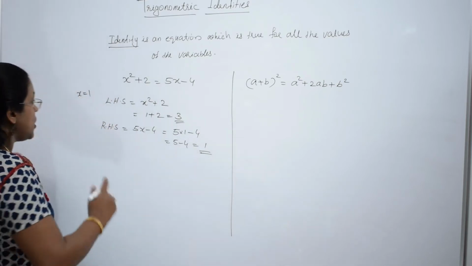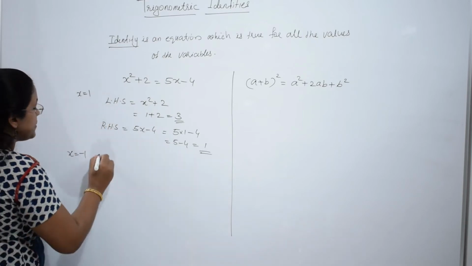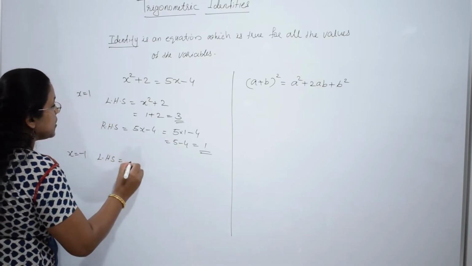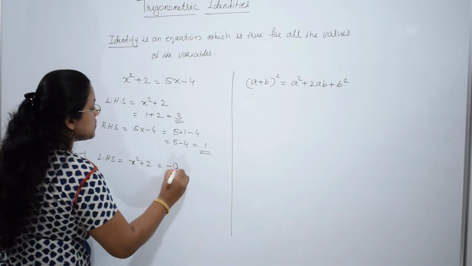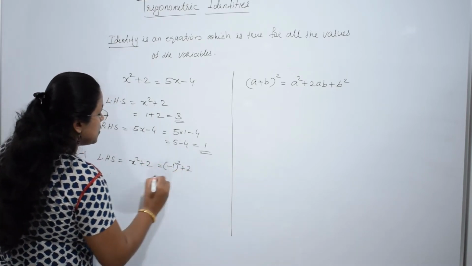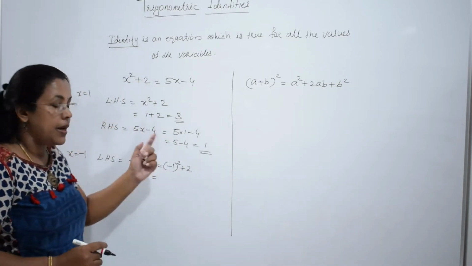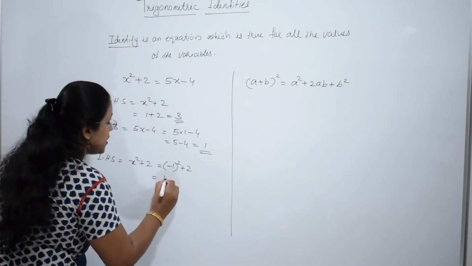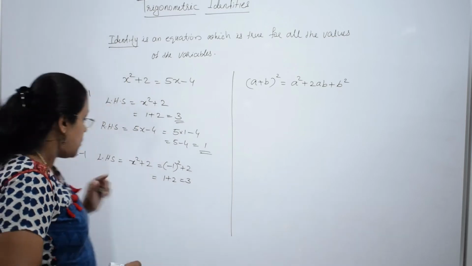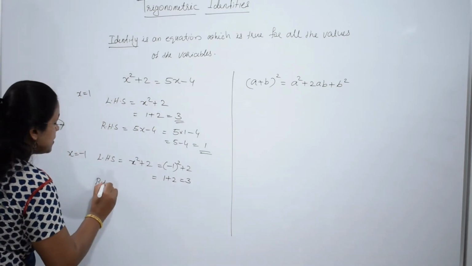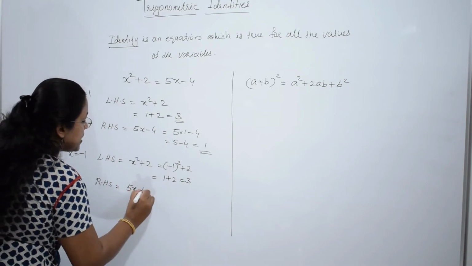If you put the value of x as minus 1, then what will happen? Left hand side is x square plus 2, that is minus 1 square plus 2. Since it is an even power, minus 1 square becomes 1. 1 plus 2 is equal to 3. Left hand side is equal to 3. What about the right hand side? Right hand side is 5x minus 4.